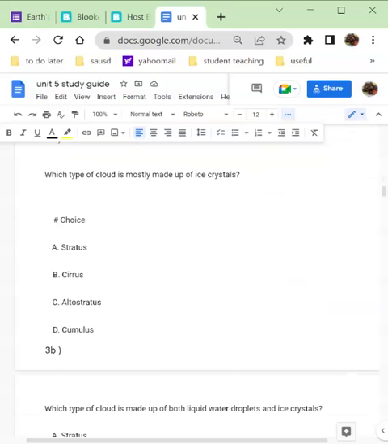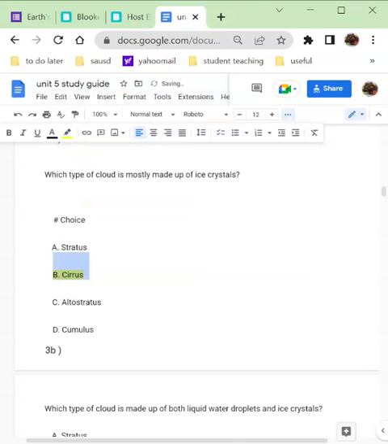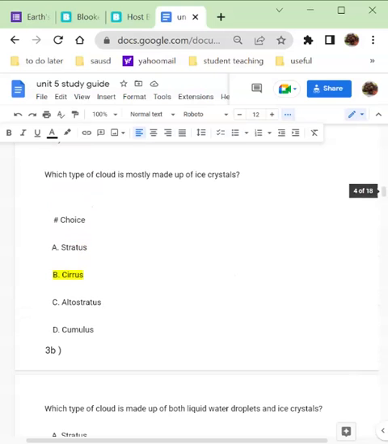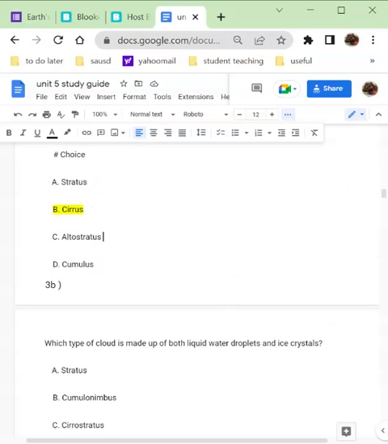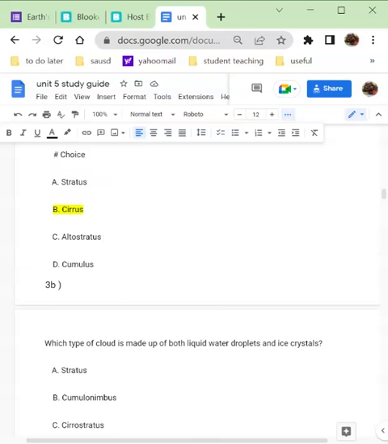Okay, so this one we didn't go over, but through research, cirrus clouds are the ones that are mostly made up of ice crystals. And then the type of clouds made up of both liquid and ice crystals, that's a cumulonimbus.